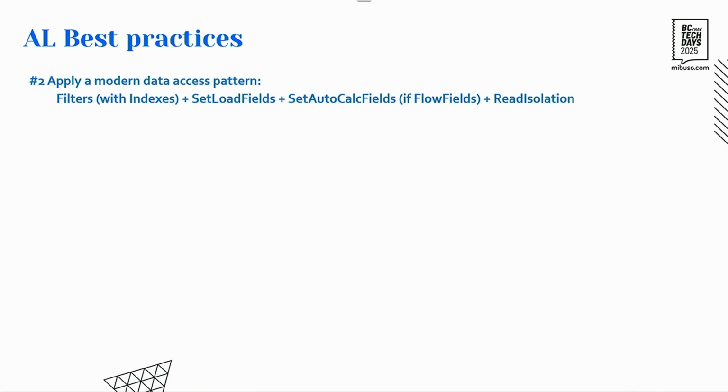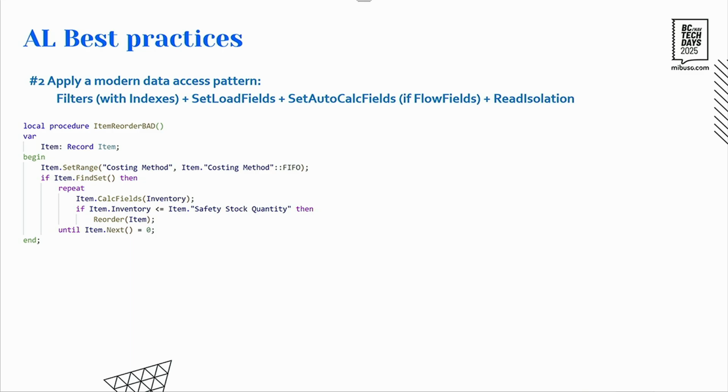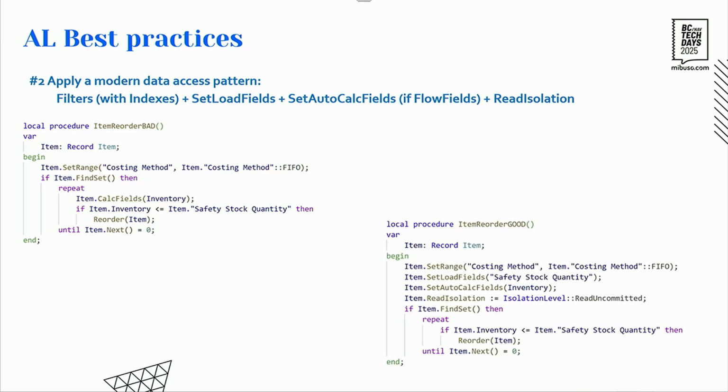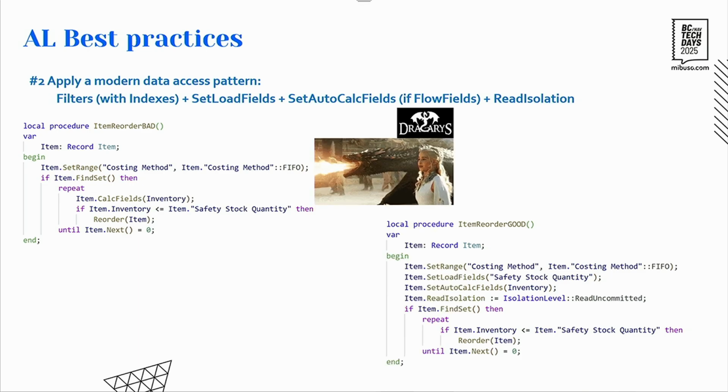Exactly. And the second one, all new objects, plus this should be a pattern that always has to apply: filters, and with indexes, of course, otherwise it doesn't make any sense. A covering index for your filters, for your where, then use SetLoadFields, SetAutoCalcFields if you have FlowFields, and ReadIsolation in order to understand and to prevent unwanted locking, I don't know, where it is not needed.